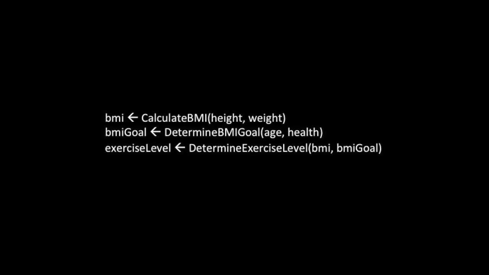So BMI will be based on calculating BMI from height and weight. My BMI goal will be another algorithm called determine BMI goal based on my age and health. And then I can put those two together using an algorithm called determine exercise level based on these intermediate results from BMI and BMI goal.